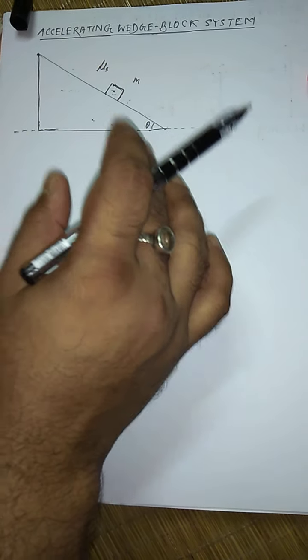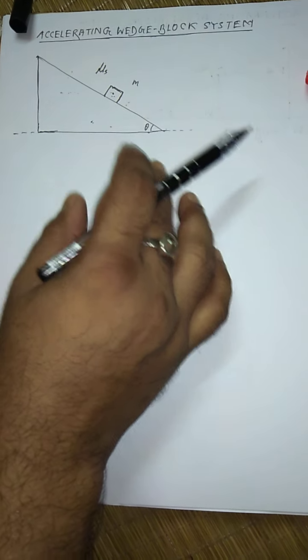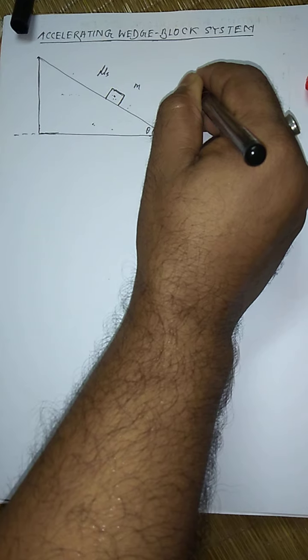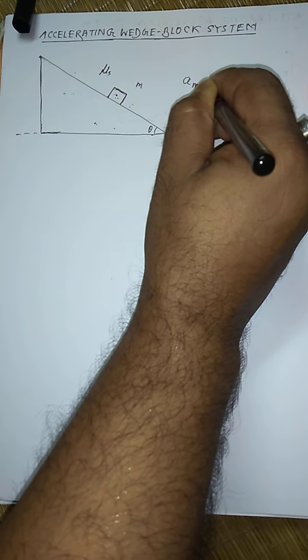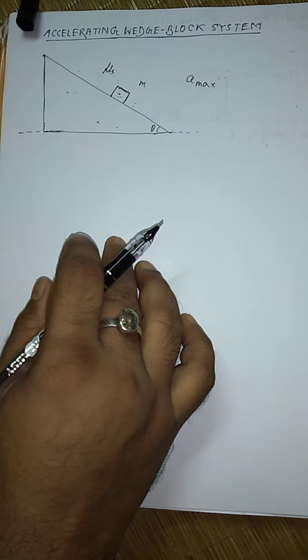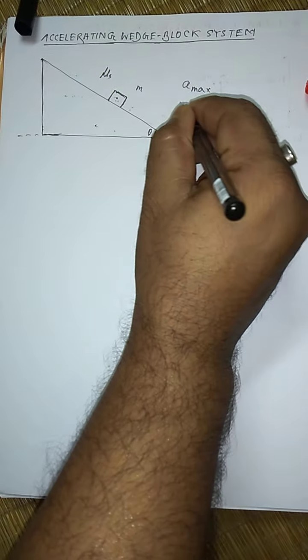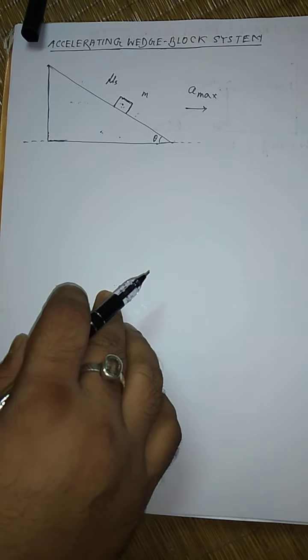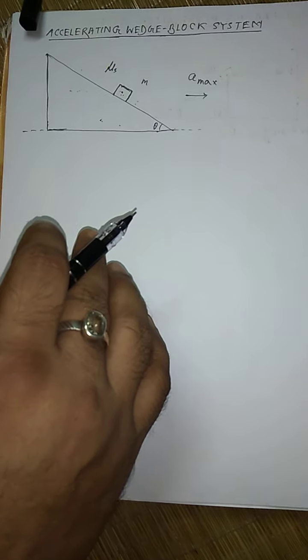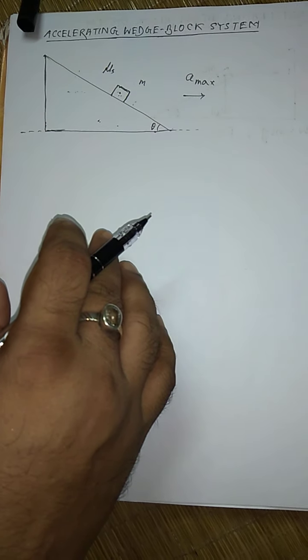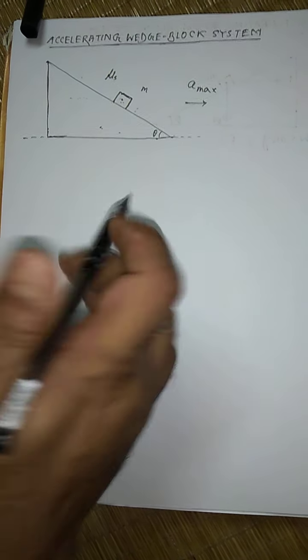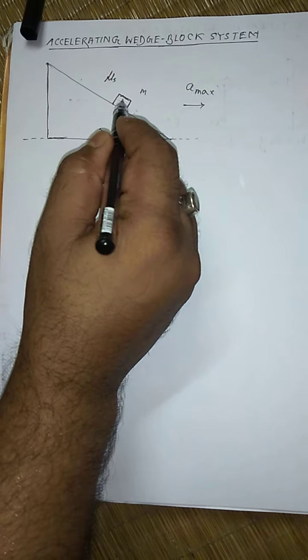Let the maximum horizontal acceleration of the wedge be A max. It's directed to the right. Now let's analyze the forces acting on this block.